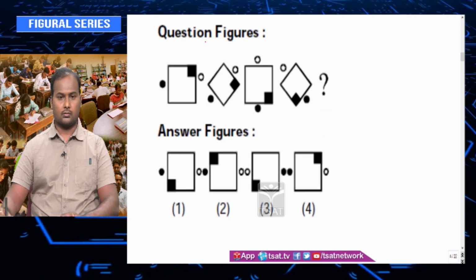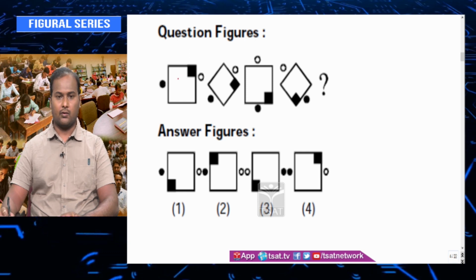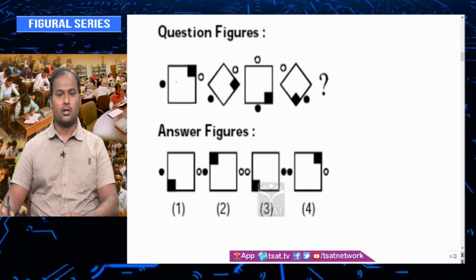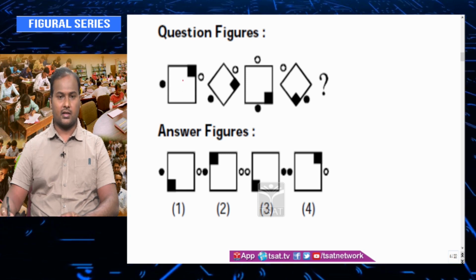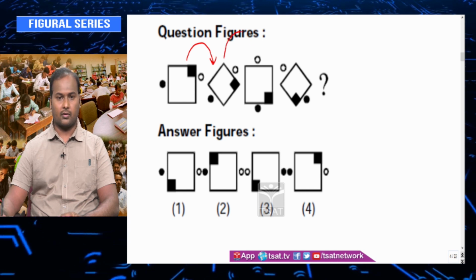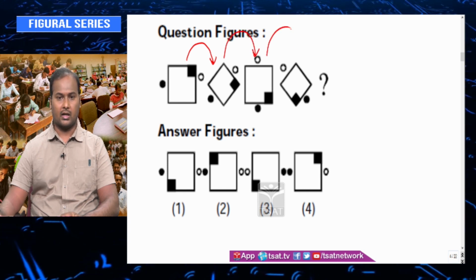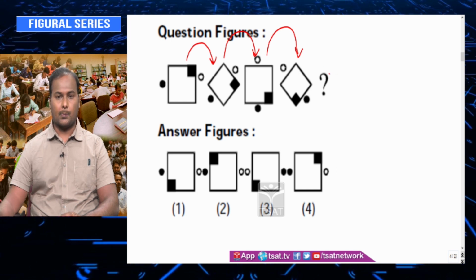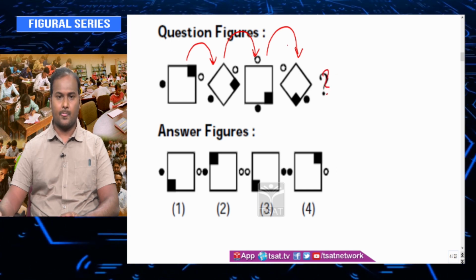In this question, figures are given in one particular order and we are asked to find out the answer figure. See what I said, in case of series, you have to observe the change from one figure to the next figure, then from this figure to the next figure, again from this figure to the next figure, and whatever observation you did, apply it to get the answer.